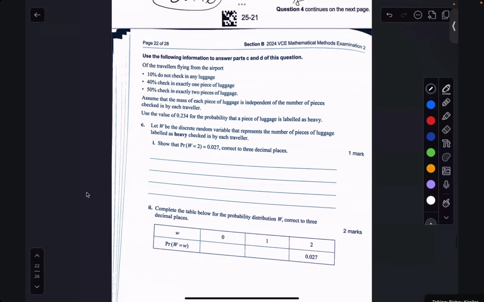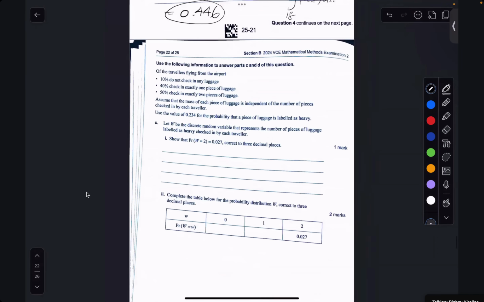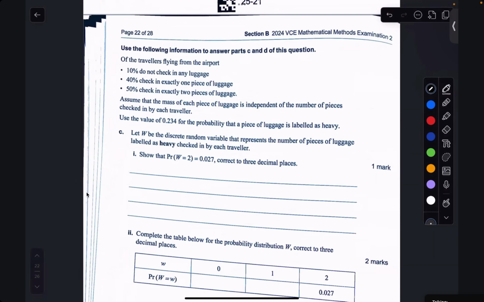Alright, use the following information to answer parts C and D. Of the travellers flying from the airport, 10% do not check in any luggage, 40% check in exactly 1 piece of luggage, 50% check in exactly 2 pieces of luggage. Assume that the mass of each piece of luggage is independent of the number of pieces checked in by each traveller.